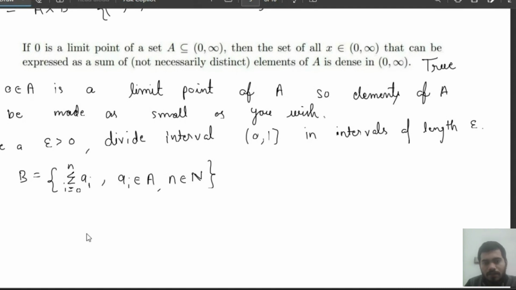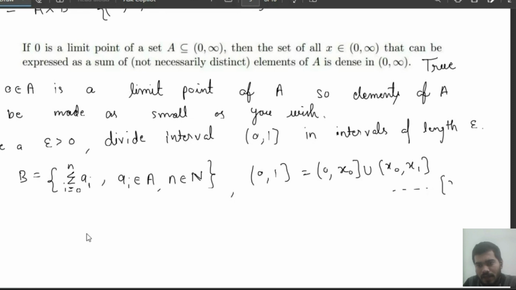Then what will happen? Suppose I break 0, 1 into parts. Call it x0, and take the last element as xk.